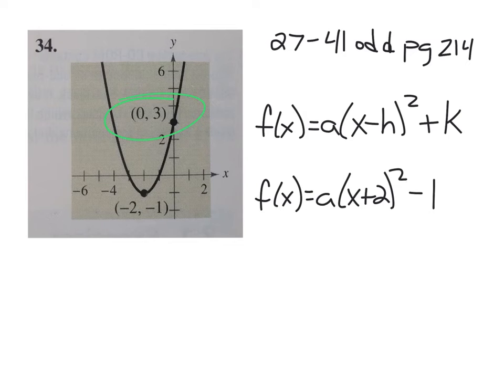Like what? Plug it in where? Yeah, sure, right. Like, we kind of have 3 variables, right? But since we have this as an x and this as a y, really we only have 2 variables.